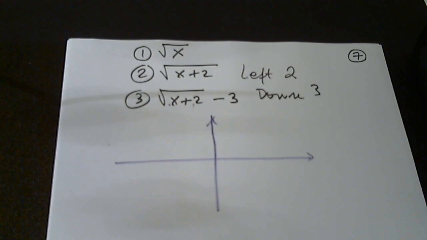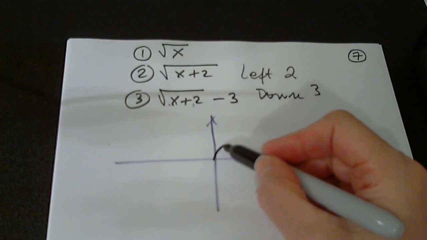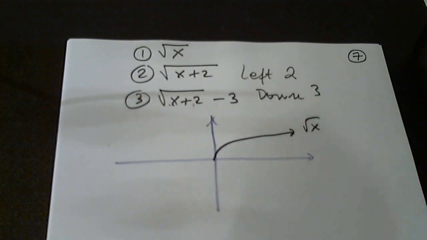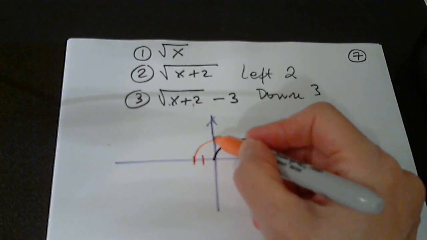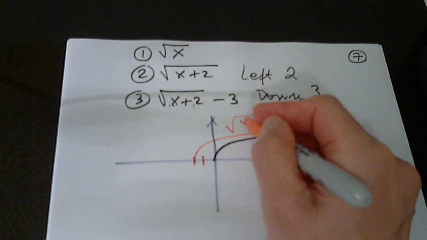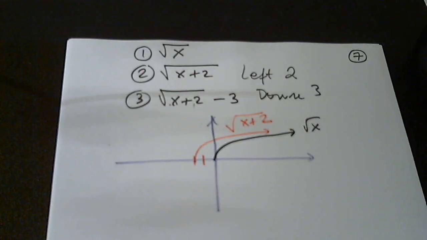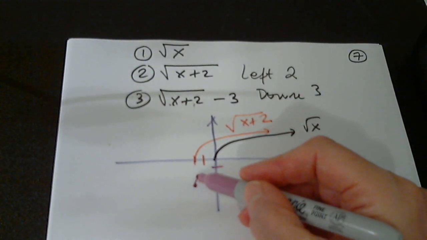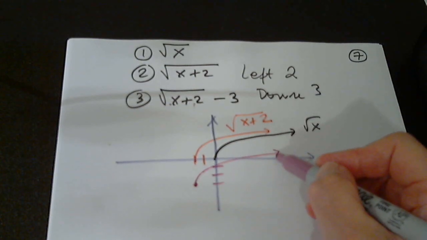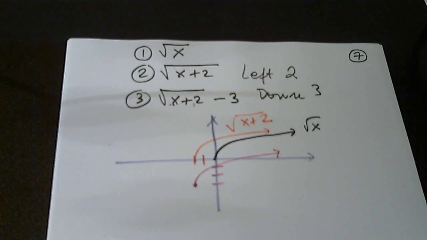So here is the square root of x. Then you told me to shift it left 2. Okay, fine. I will shift it left 2. And then you told me to shift this orange graph down 3. And that's exactly what I'm going to do. Of course, this is not an accurate graph. But this is a shape that I got quickly, and I know what to expect.